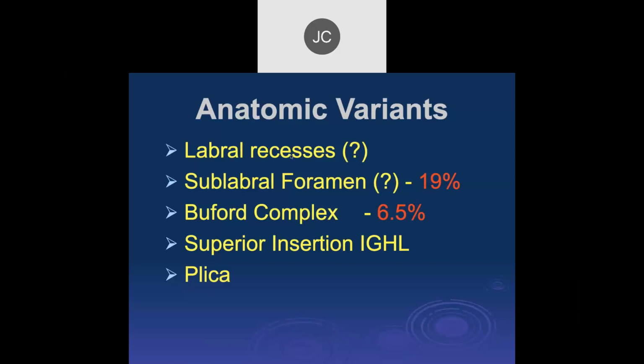Though there are a number of people who feel that you're not born with these, they kind of develop as people age, and it may have something to do with the amount of motion that occurs in the superior labrum. But as long as it's nice and smooth, it's not considered abnormal to have fluid going deep to the superior labrum.